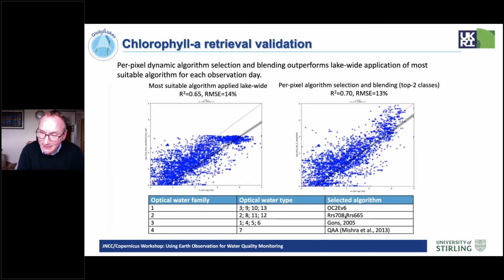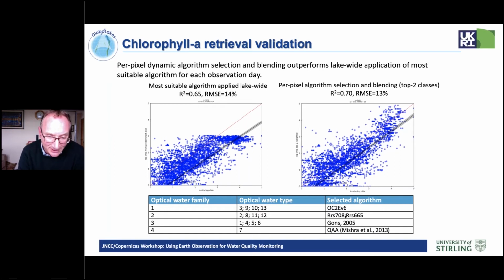And on the right-hand side is the new processing technique that we've developed and now processed by PML, and that's using a blending approach, so a per pixel approach where basically we used a blending approach using a membership function and blending the results basically from the 2 closest matching optical water types for each pixel. And the result there you can see is a significant improvement in the overall response, but also the dynamic range in that response for the processing that we're doing.